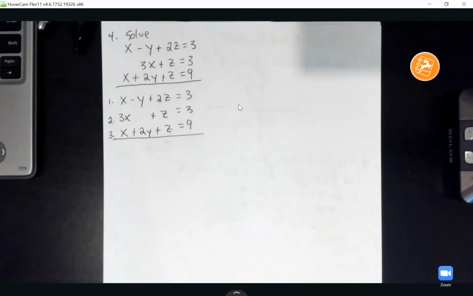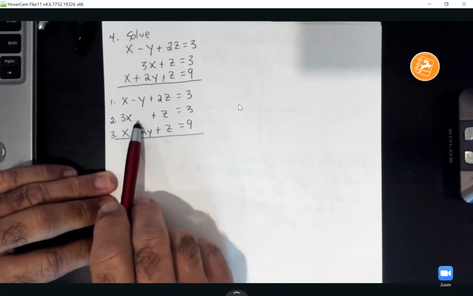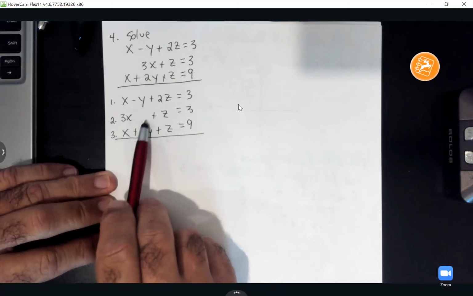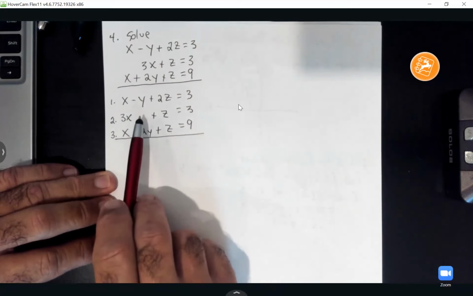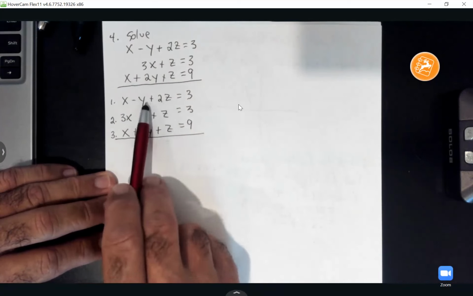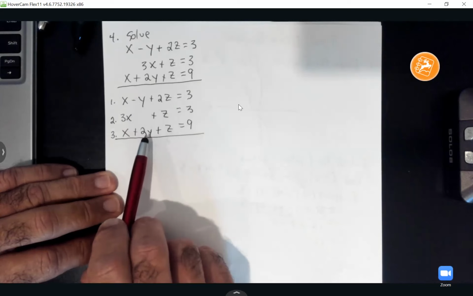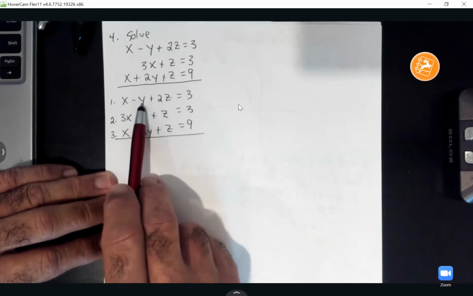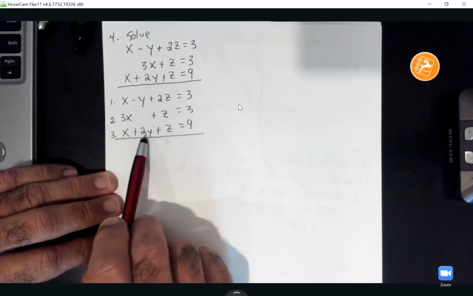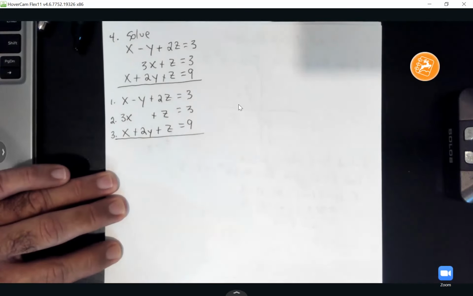So my first question is, I need to pick a variable to eliminate. Since this second row doesn't even have a y in it, I'm going to eliminate the y's from row 1 and 3. Now remember, this one's a negative y, this one's a positive 2y, so I've got to change one of these rows.